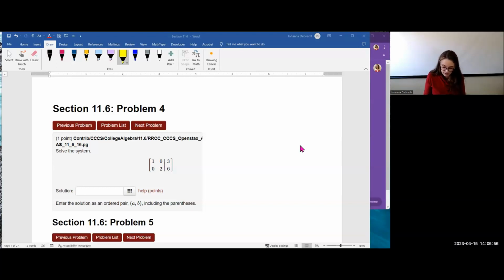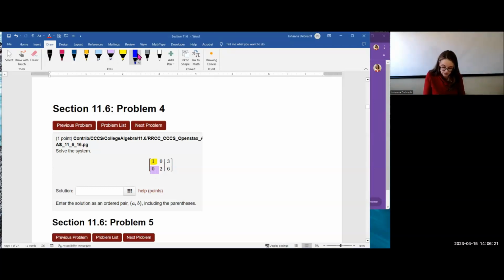So on this one, I look at it and I say, well, okay, is it in row echelon form? I've got a 1 here, and I've got a 0 below it. So I know that so far, that is in row echelon form. And then I'm looking at row 2, but I need to have a 1 as the first number.